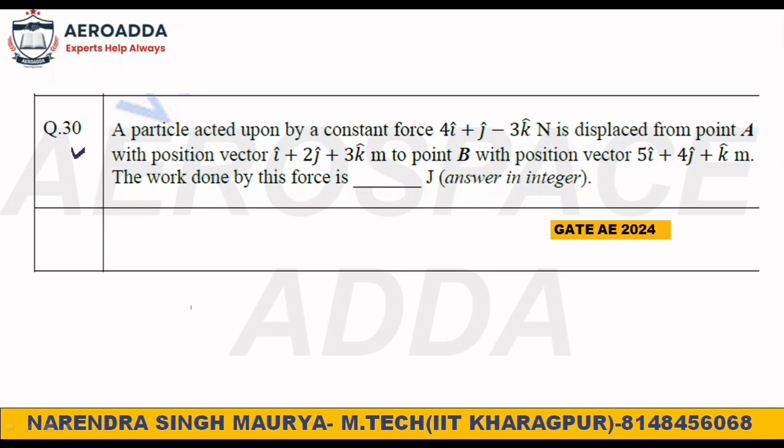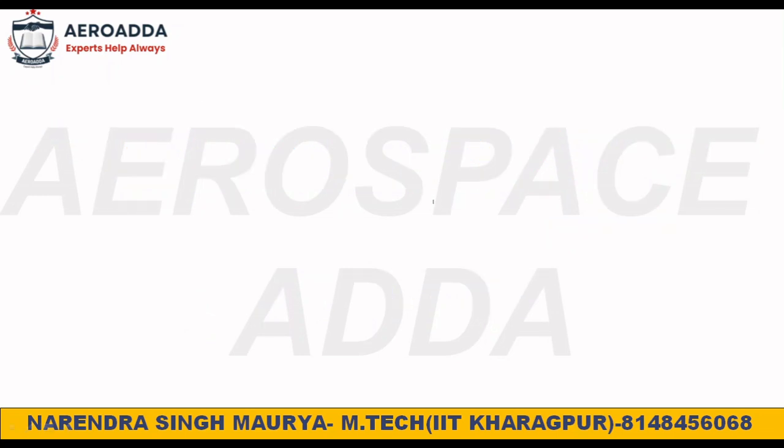This is the force vector they have given to you, 4i plus j minus 3k Newton. The particle is displaced from point A with position vector i plus 2j plus 3k to point B with position vector 5i plus 4j plus 7k. The work done by this force they are asking in joule. What is the work done?